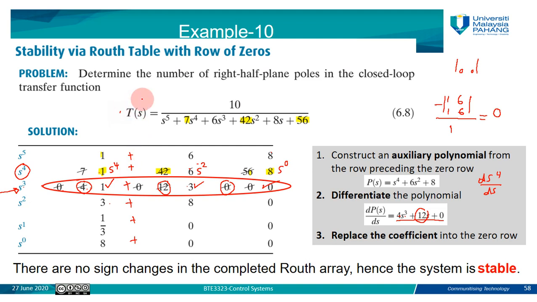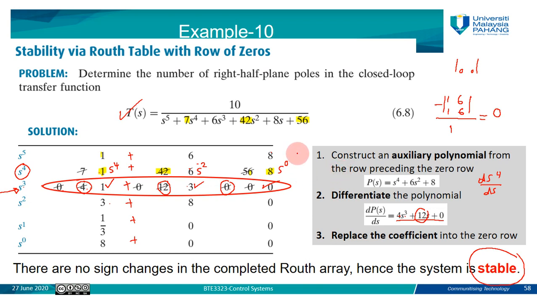So the system represented by this closed loop transfer function is stable. Since there is no change in the sign, all poles are located in the left half plane, with no poles in the right half plane.